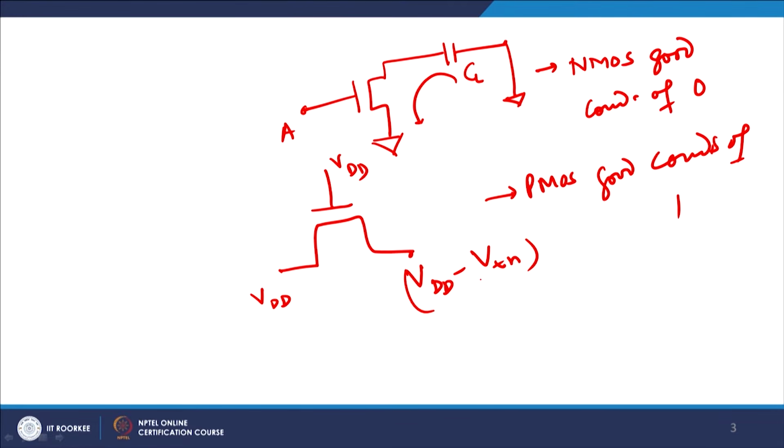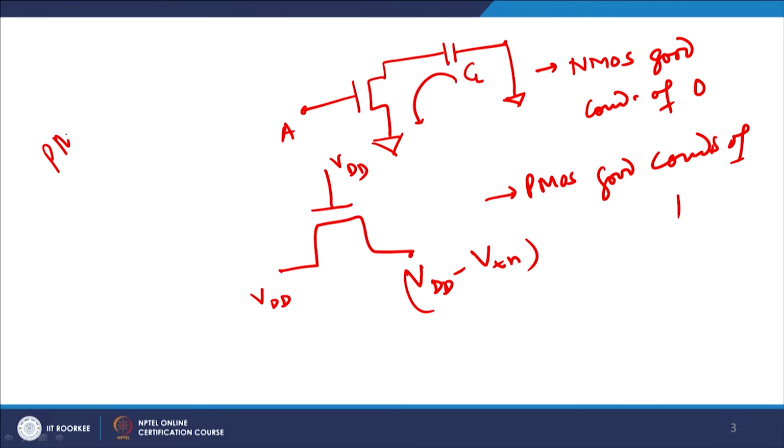And that is the reason why you always have NMOS transistors as part of a pull down network. When it is part of the pull down network, it easily pulls the output voltage to 0, and PMOS is generally part of the pull up network, which easily pulls the voltage to 1, right?